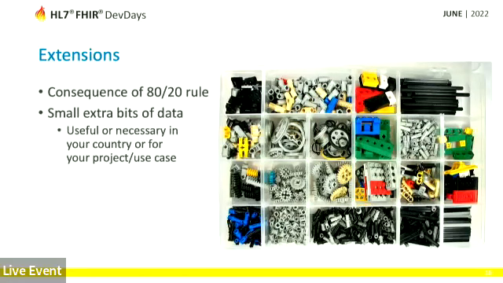Well, at least that's, of course, one of the ideas. So the consequence of choosing what is an element in the core resource and what is not is that we also need to have those extra bits. And you can see that we have our Lego box there with those small extra parts that we want to add. And then, well, wherever you can plug them into your Lego house, you can just put them in and have the extension wherever you need it.